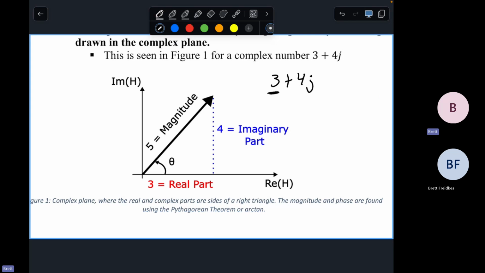This is the real part, the 3. We'll travel 3 to the right. And the imaginary part is 4. We'll travel 4 up. The magnitude is the hypotenuse of that right triangle. By Pythagorean theorem, that ends up being the square root of 3 squared plus 4 squared. That's where that comes from. Is that okay?